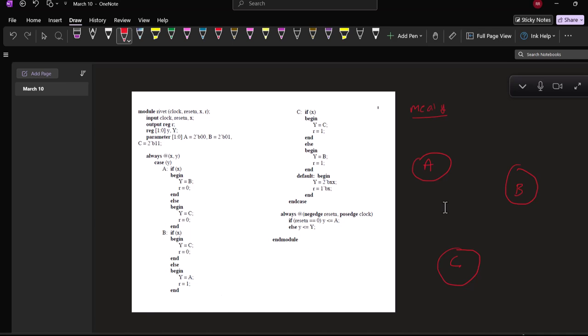I have different outputs for different inputs. So I'm going to look at my second always block to determine what my reset state is. So it says if reset n equals 0, then my current state is going to be A. So that's telling me this is my reset.